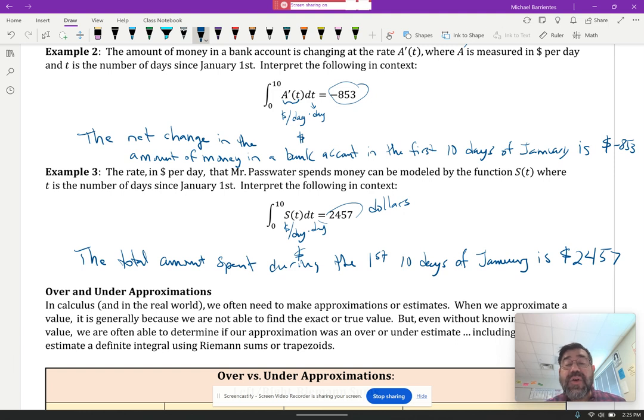So this function is only calculating how much money he's spending on any given day in that month, from 0 to 10, in that window of the first 10 days of January. So those are two examples of how, depending on the context of the situation, when we find the definite integral we could be finding a net change amount, or we could be finding a total amount, depending on the behavior of the function.